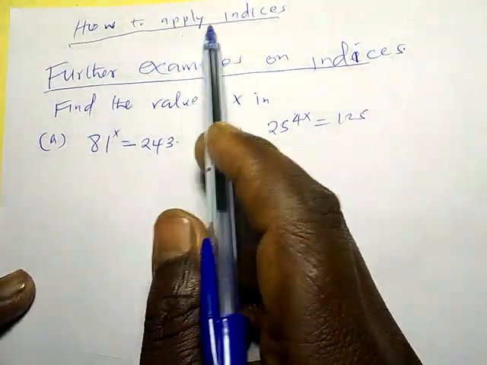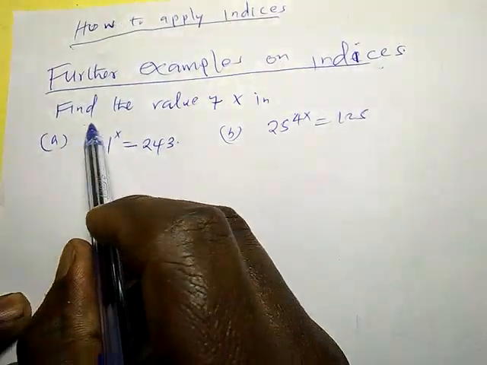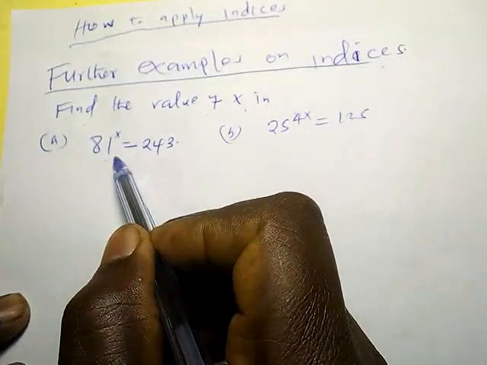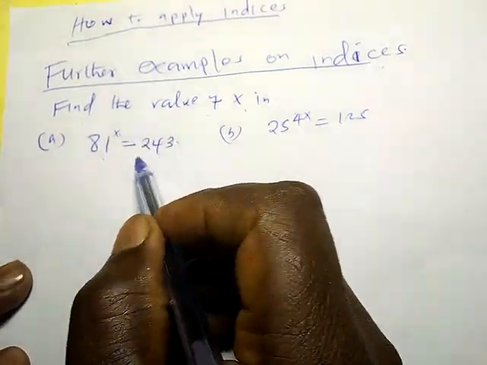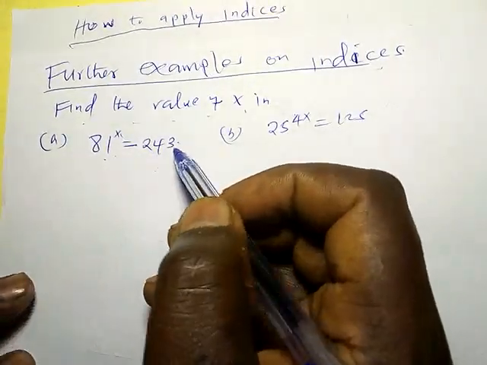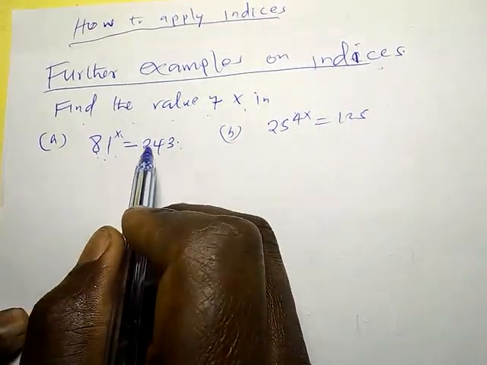How to apply indices? Further examples on indices I've given here. You will be asked to find the value of x in 81 raised to power x equal to 243. Here they want to test whether you have understood the base. First find the base that can be used in both cases.